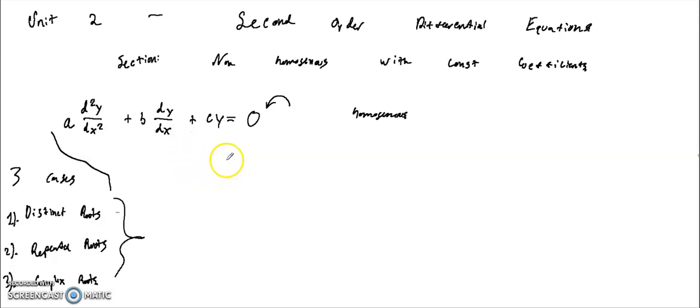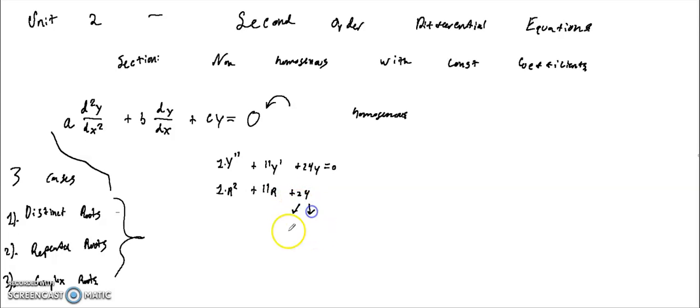But let's say it's y double prime plus 11y prime plus 24y equals 0. Well, here a is just 1, so 1 times r squared plus 11r plus 24.